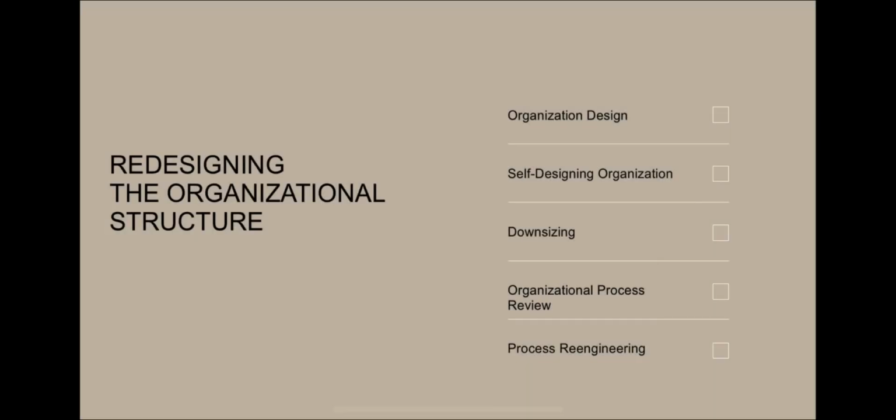So moving on, we have the next topic, which is redesigning the organizational structure. We have 5 parts of redesigning the organizational structure. The first one is organizational design, self-designing organization, downsizing, organizational process review, and the last is process reengineering.